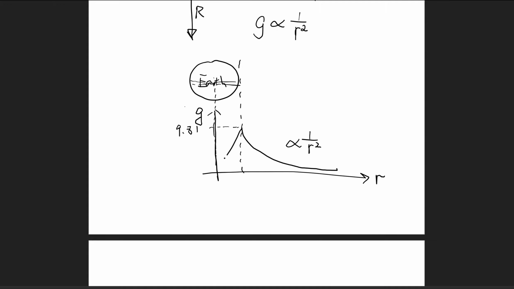I will make another video to talk about this one, but this is not in the syllabus, so you can just remember this result. The graph overall will look like this, and that's all you need to know about the gravitational field strength.